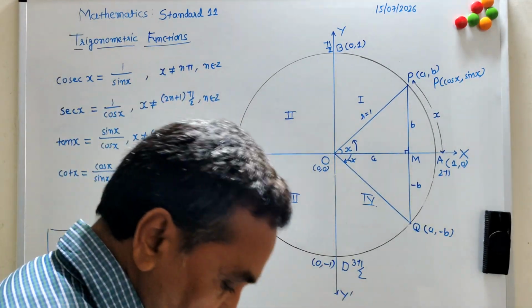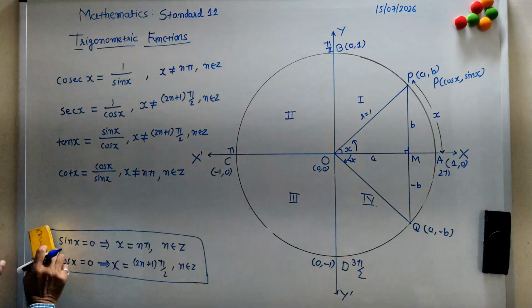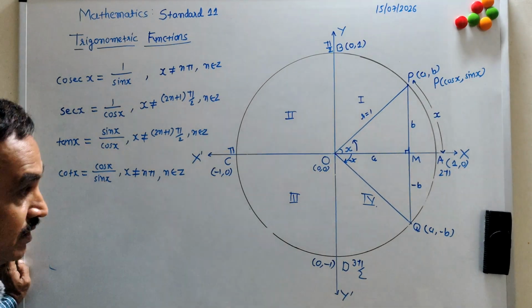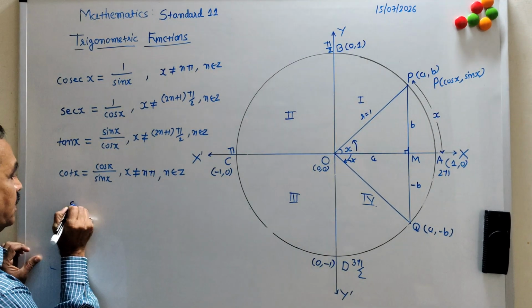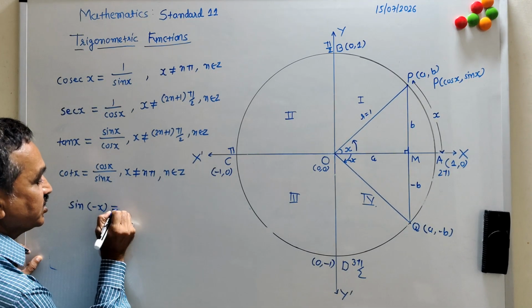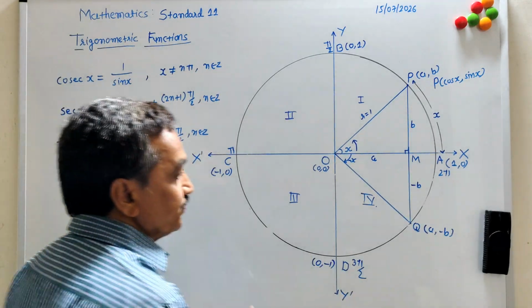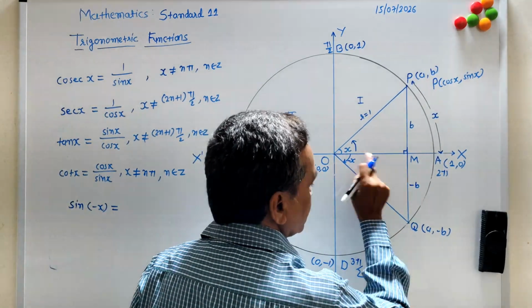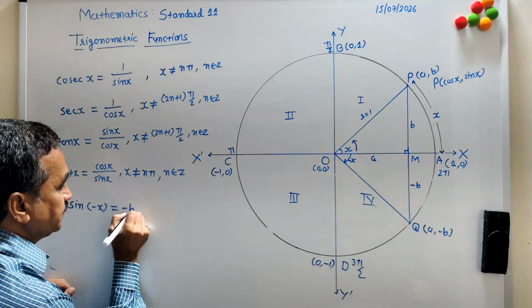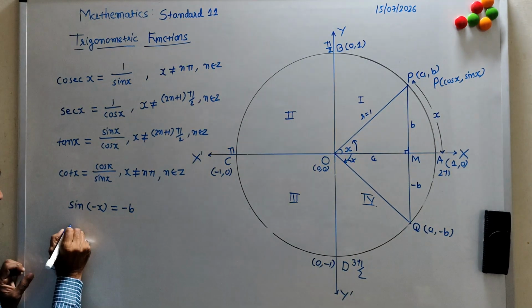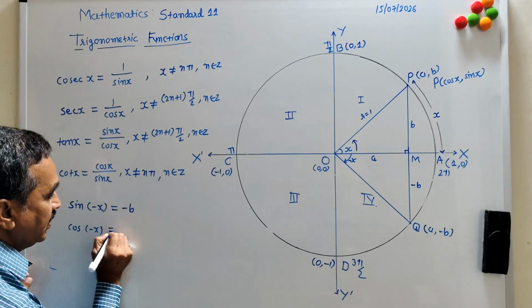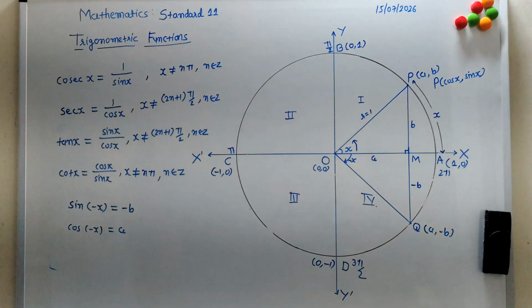So now we can write that sin of minus x is minus b, and cos of minus x is the same a.